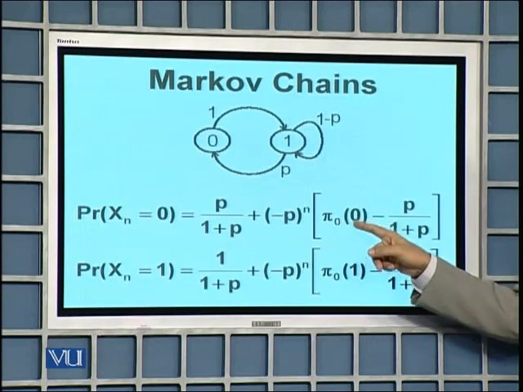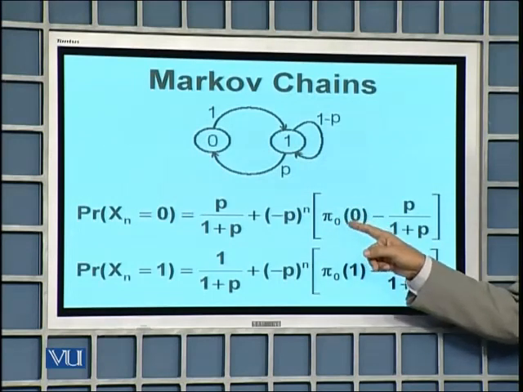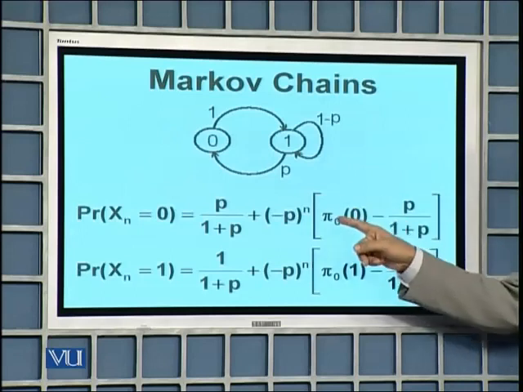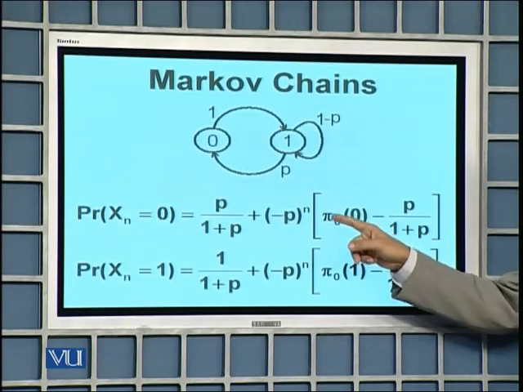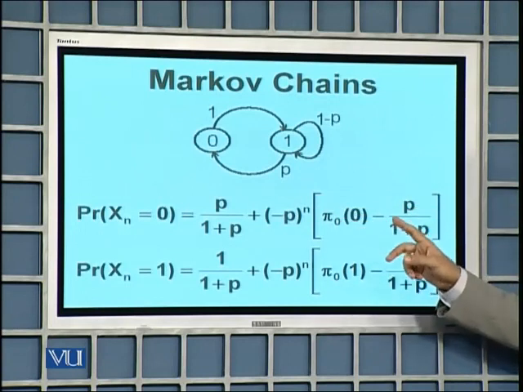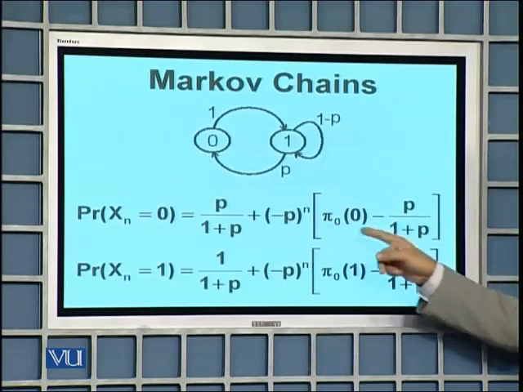So for the first random variable, the starting random variable, the probability of that random variable being in state 0 or state 1 is indicated here. We are going to use this notation because pi1(0) will be the probability of random variable X1 being equal to 0. So this 0 represents the initial probability.